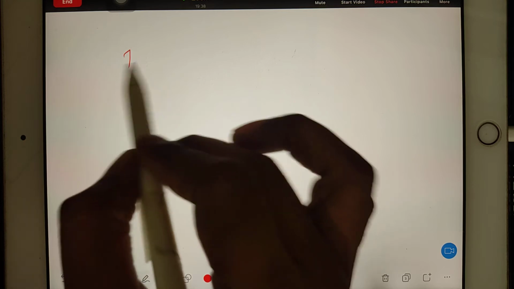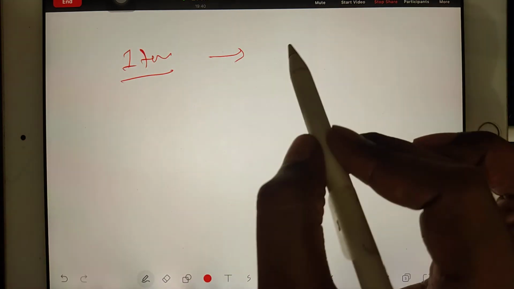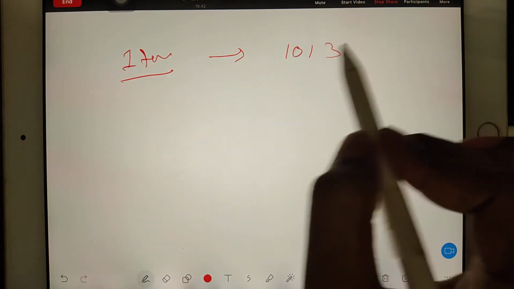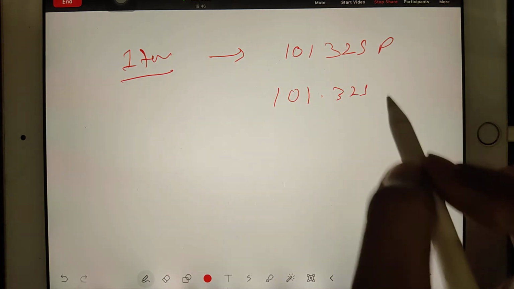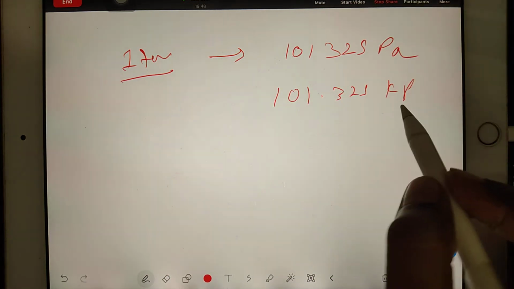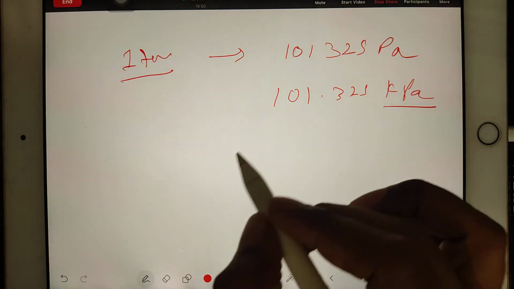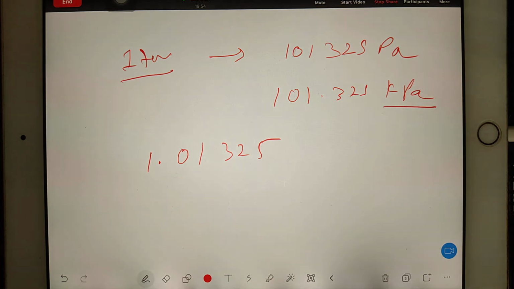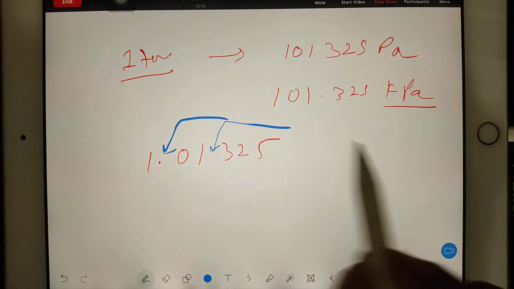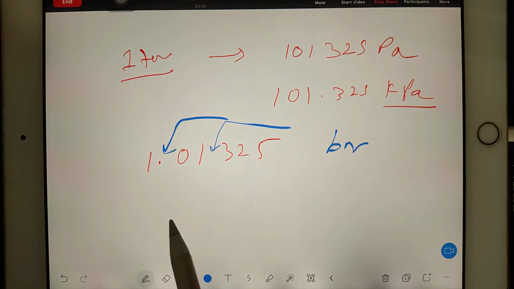Anyway, 1 atmospheric pressure, if you convert into SI unit, becomes 101.325 kilopascal, or you can also write 101325 Pascal. Pascal means Pa and kilopascal means kPa. If I shift the decimal here, it becomes 1.01325 bar, B-A-R.